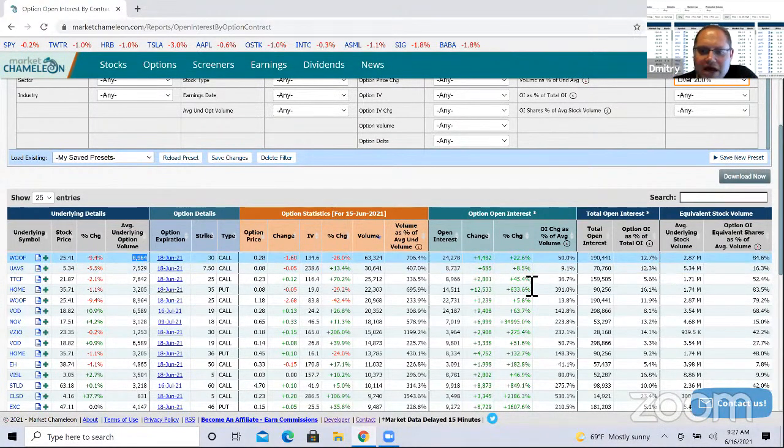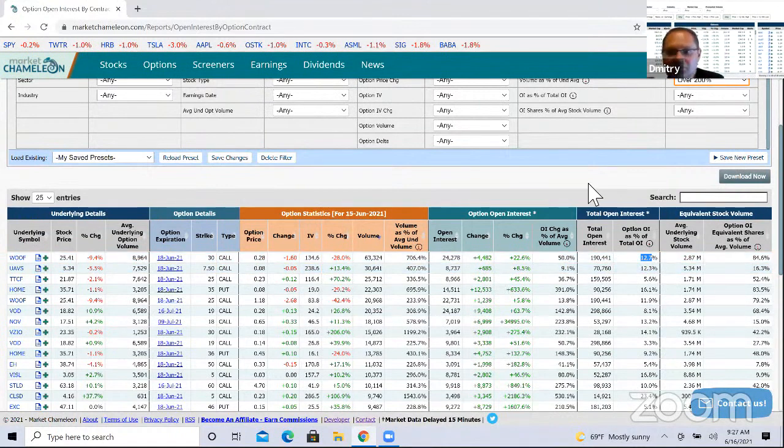How much open interest is concentrated on this line? In total, there's 190,441 contracts open on Wolf. And just this line alone is 12.7% of all the open interest. Okay, so not really big, but 12.7% is not insignificant either.